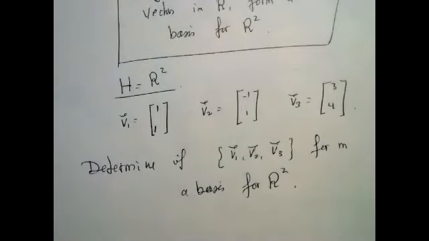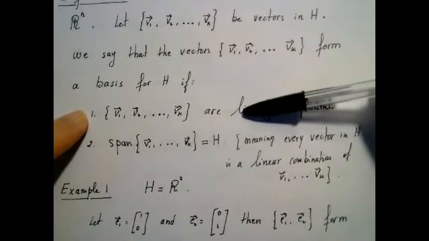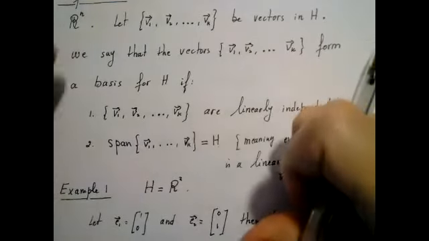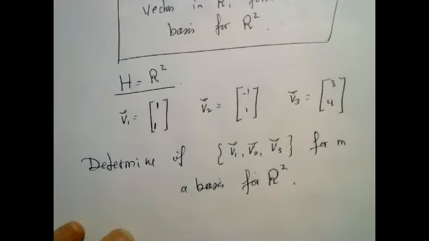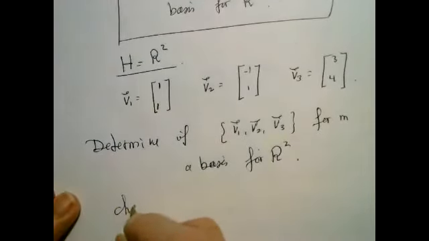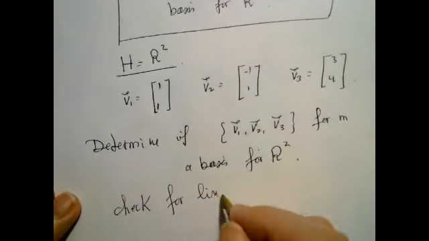We always have to remember the criteria for a basis. Vectors form a basis if they are linearly independent, and if everything in R2 can be written as a linear combination. So now I go back to this question. Do those vectors form a basis for R2? We have to check 2 things. First, we're going to check for linear independence.